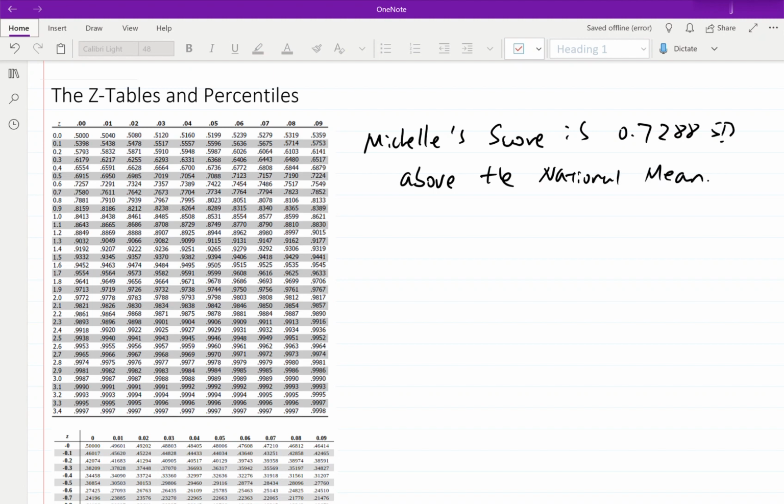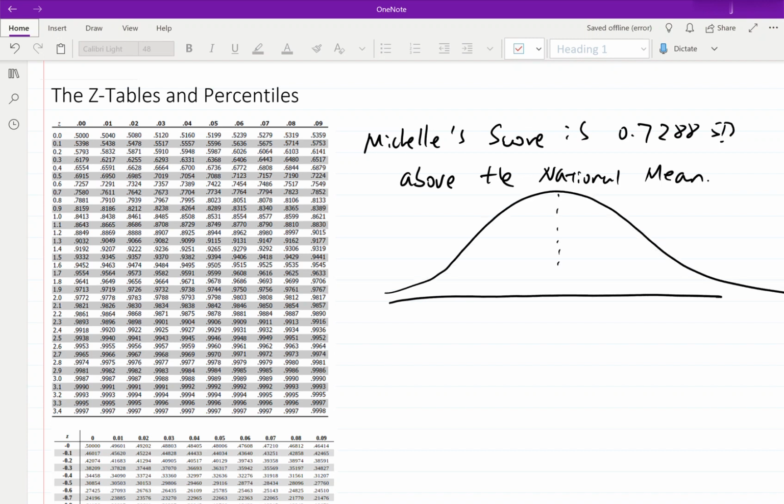But we did not talk about her percentile, which means that if we look at the standardized normal distribution, 0 is the mean, and Michelle's score is 0.7288 standard deviation above the mean.